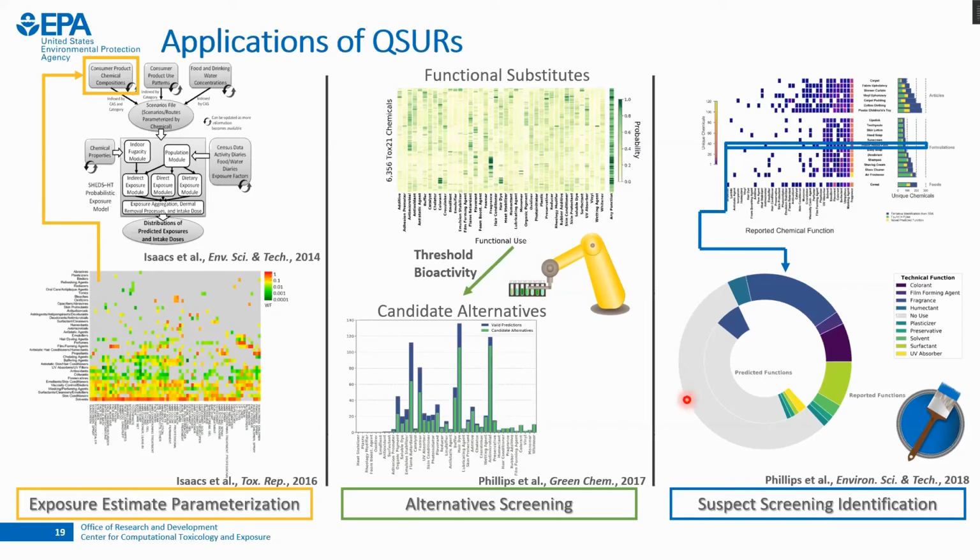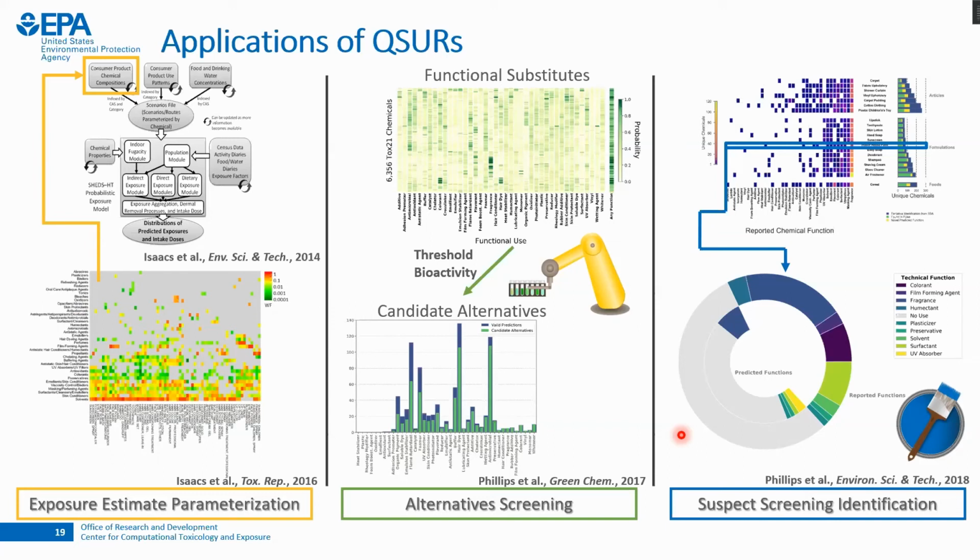We've also used these models to bolster suspect screening identification measurements. So I alluded to earlier, we have measured data in CPDat, where we've gone out and performed these sorts of analyses on different types of consumer products and things like that. But you often get tentative identifications. You're not necessarily confirming them. You think they're there and you need to do a follow-up study.